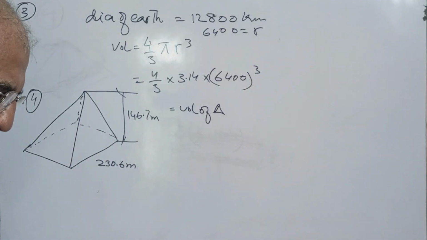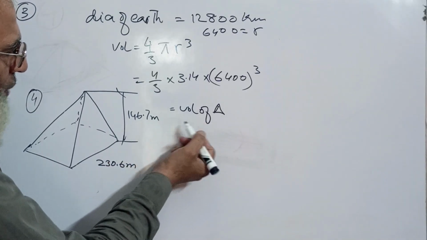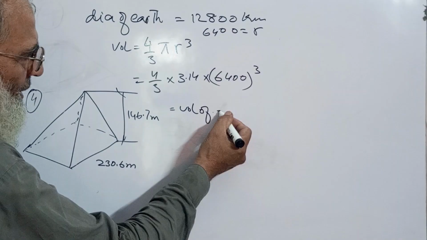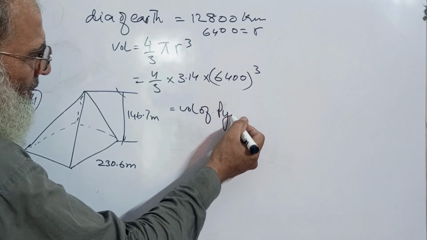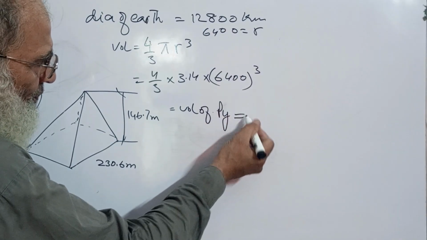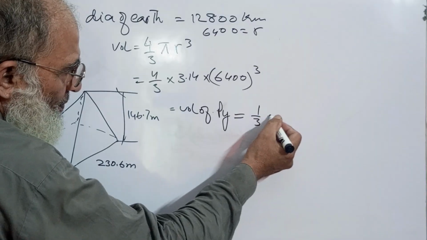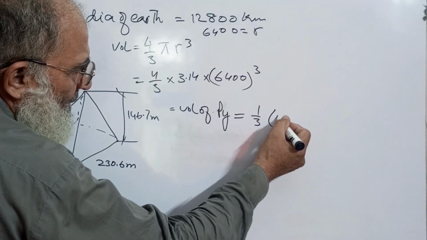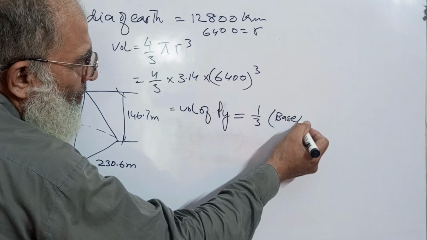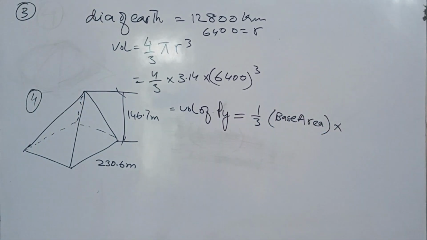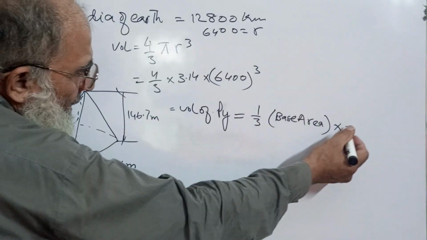Whatsoever the base is, the formula for the volume of a pyramid is 1 by 3 multiplied by the base area multiplied by its perpendicular height.